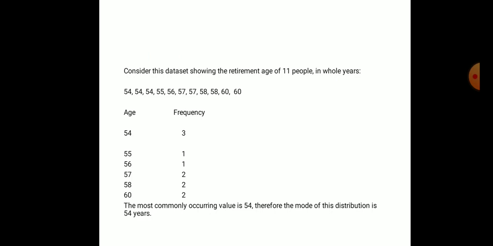What we are looking for is the mode, which is the maximum. So, the most commonly occurring value is 54. Therefore, the mode of this distribution is 54 years because it has the highest frequency.